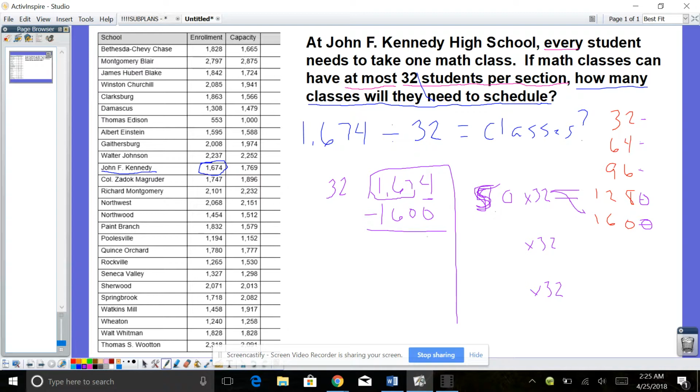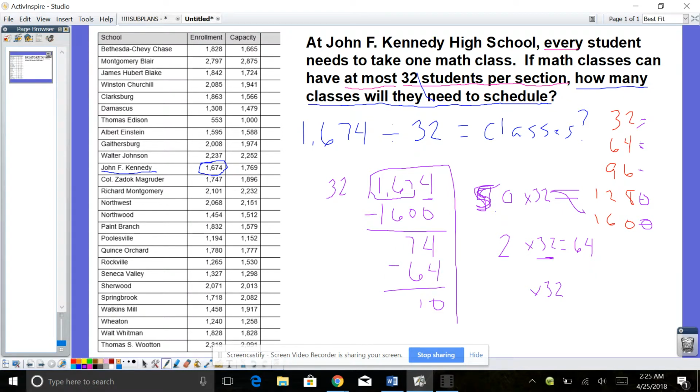Let's see. I'm subtracting what's left, just 74. So how close to 74 can I get if I'm multiplying by 32? I can get 1, 2, that's as far as I can go. So 32 times 2 is exactly 64. I don't need any zeros on the end, so let me subtract 64.